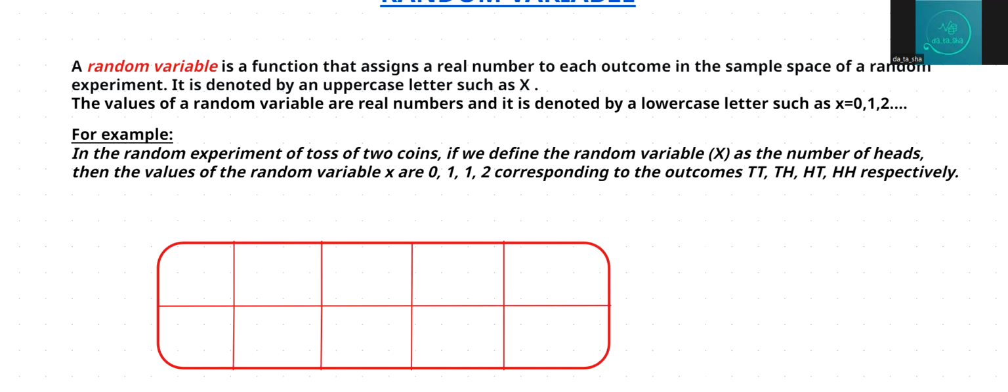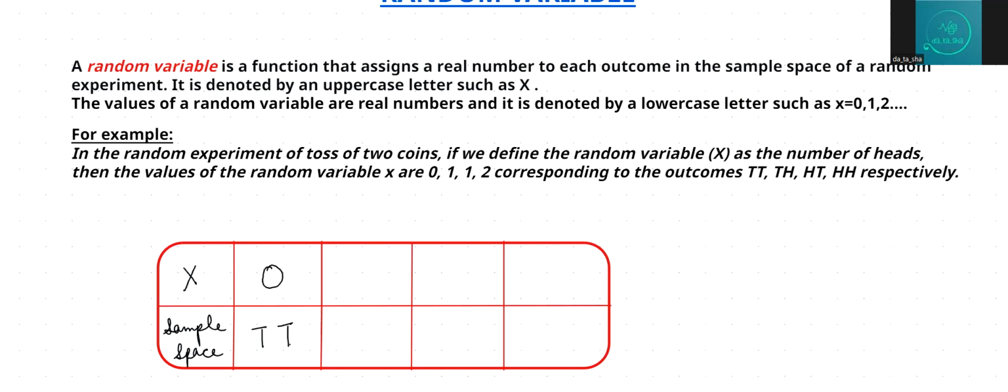I will be writing this as capital X. It could be that I'll get zero heads. Zero heads means, for example, in the sample space, I'm getting both tails.